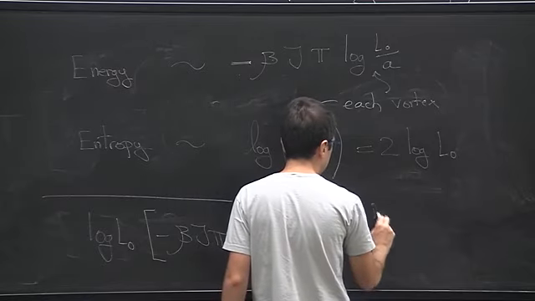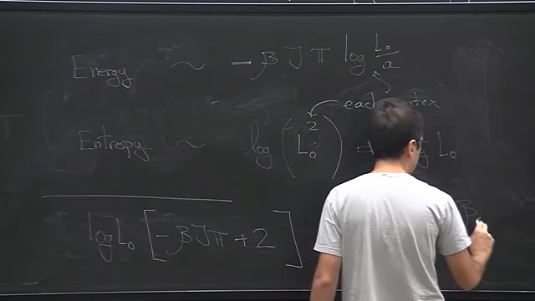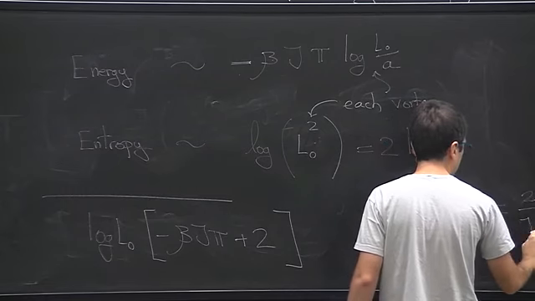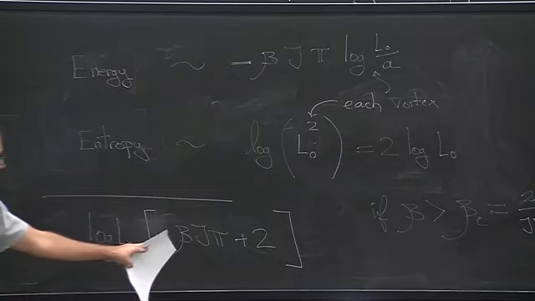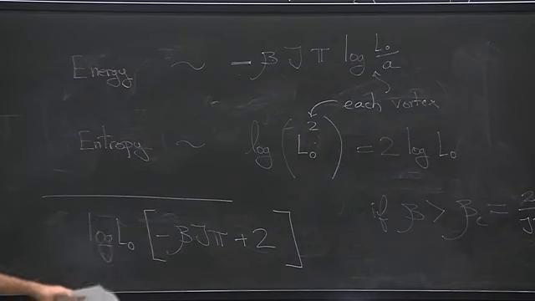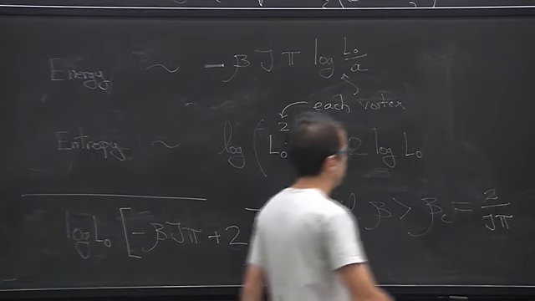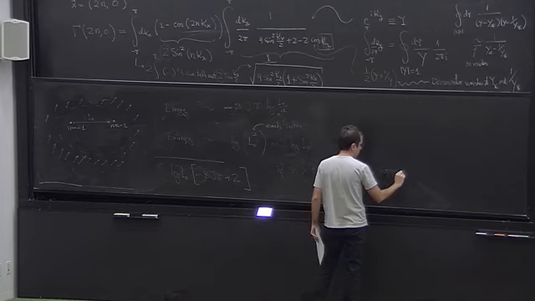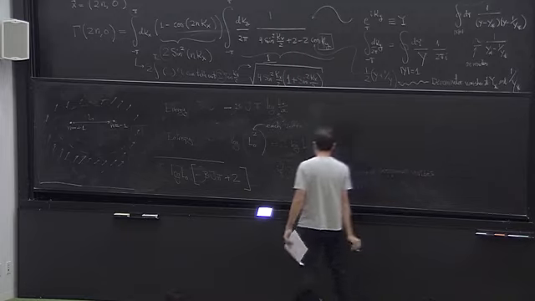If beta is bigger than beta critical, which we estimate here to be twice over J pi, then the energy wins, and this suppresses vortices.